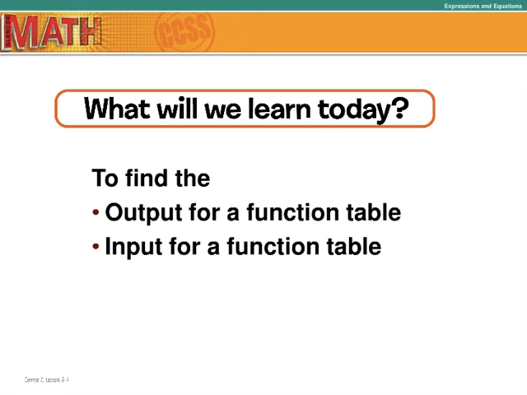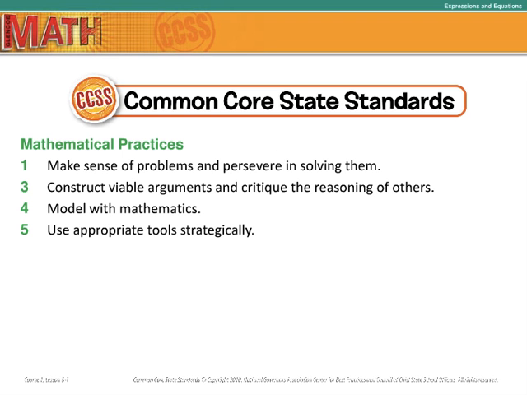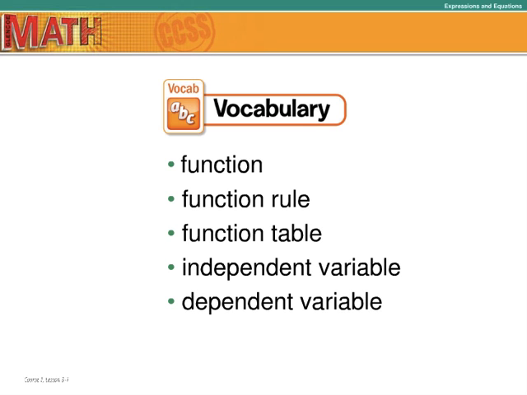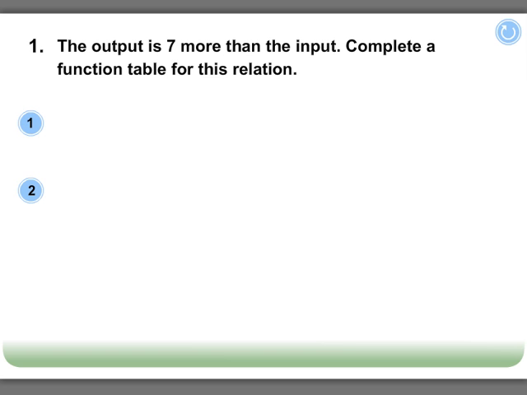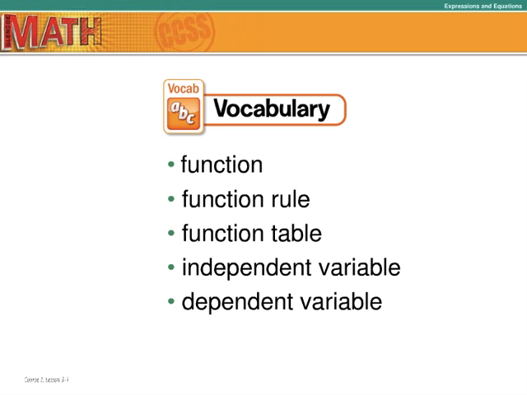Today we're going to learn to find the output for a function table and the input for a function table. Let's go back and look at that vocabulary. Function, function rule, function table, independent variable, and dependent variable.